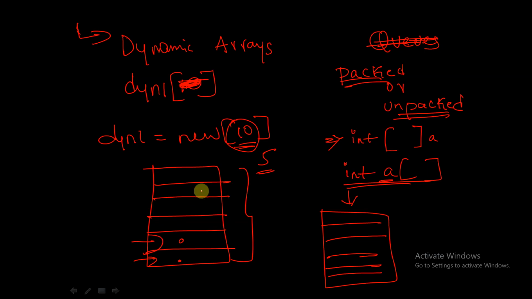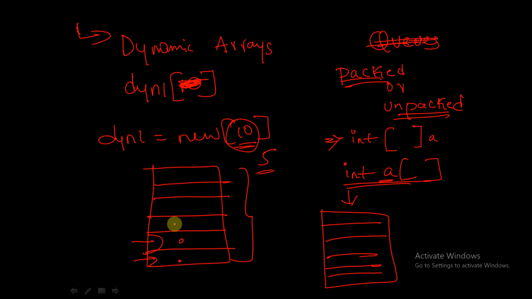Yeah, I'm getting. So I've discussed two cases. The first case is if we have declared 10 locations and I delete any two elements, then those two locations will be empty. Or if I create 10 locations and insert only five elements, then the remaining five locations will be empty.